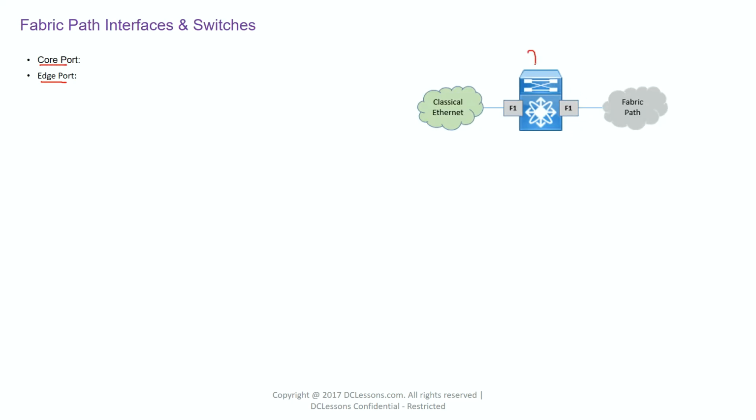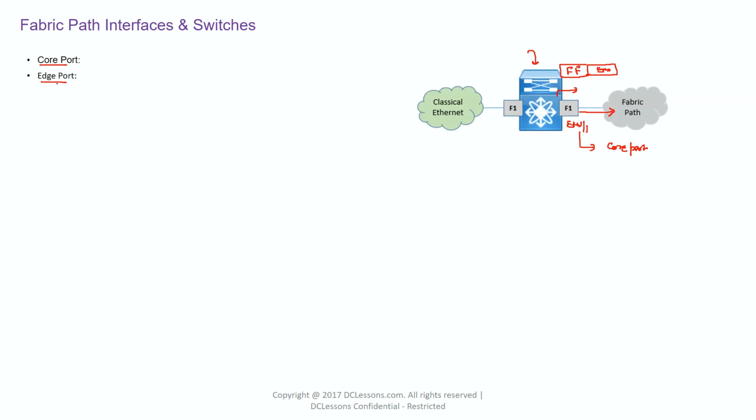Let's suppose I have an example, this card is ETH 1/1, which is connected to the fabric path domain. So this will be called a core port. And from this port only, my Ethernet frame will be encapsulated to a fabric path frame.